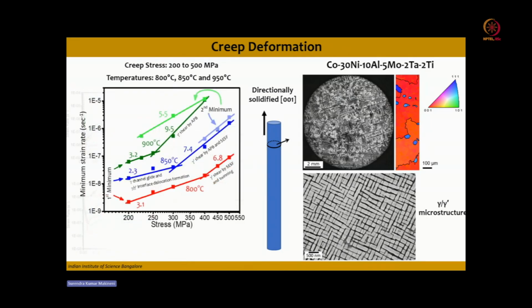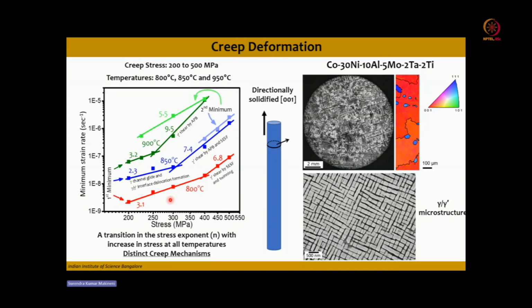Based on the curves, what we plotted is minimum strain rate versus stress. Here, if you increase the stress levels, you can see that there is a transition in the slope from a lower value to a higher value. For example, at 800, it goes from 3.1 to 6.8. At 850 degrees Celsius, it goes from 2.3 to 7.4, while at 900 degrees Celsius, it goes from 3.2 to 9.5.